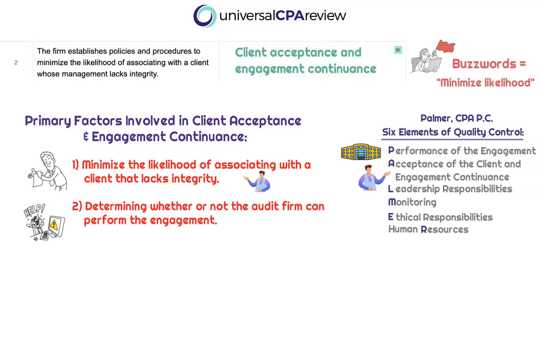So your buzzword for client acceptance and engagement continuance is going to be minimize likelihood. Because the 2 primary factors that they love to test related to client acceptance and engagement continuance consist of minimizing the likelihood of associating with a client whose management lacks integrity and determining whether or not the audit firm can perform the engagement. Okay, so obviously this is going to be one of these 2 primary factors.